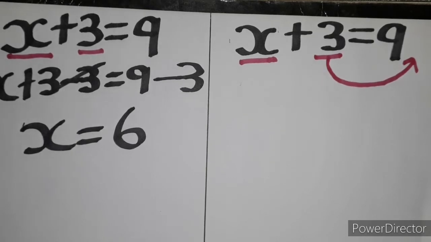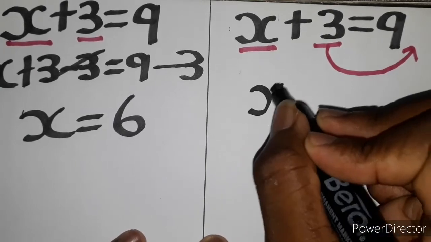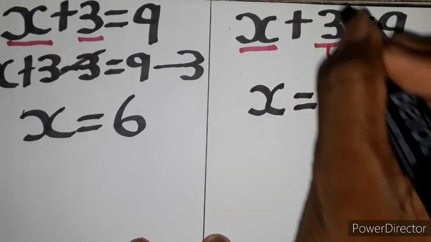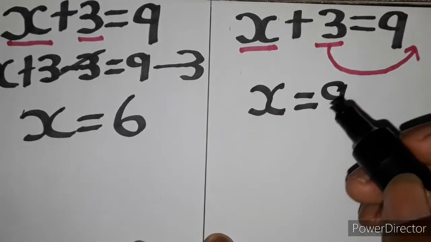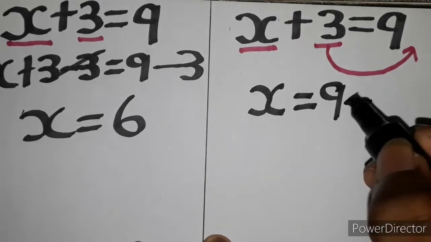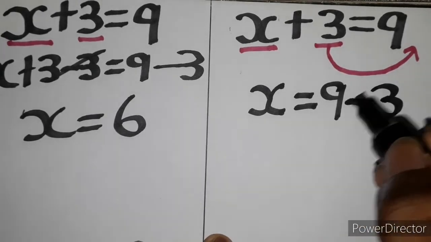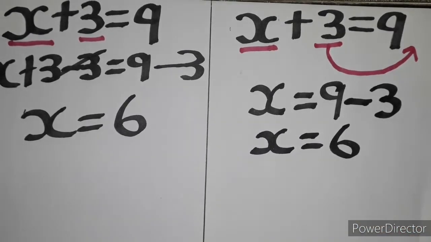So this will now read x is equal to 9. And the 3 was adding, so when we take it over to this side, it will now subtract. So x will be equal to 9 subtract 3. x is equal to 6.